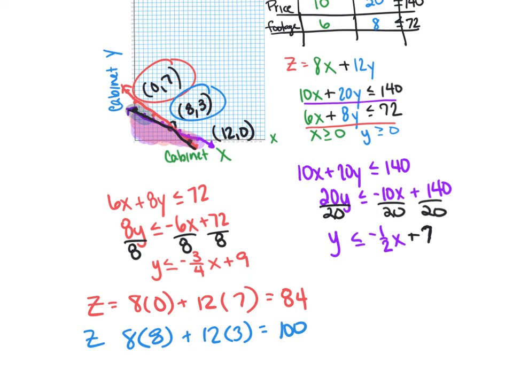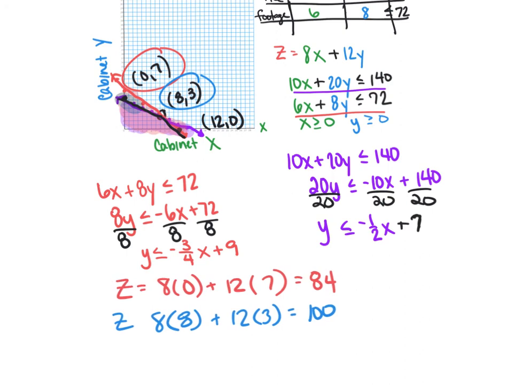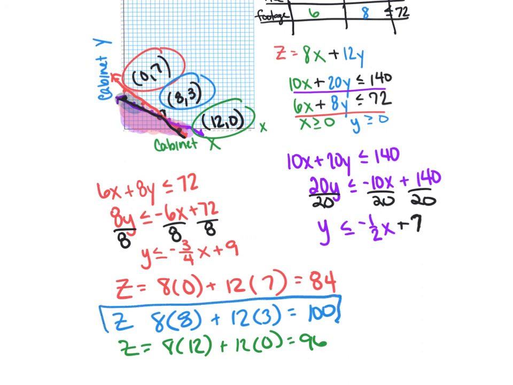And the last one is Z equal to 8 times 12 plus 12 times 0. That's equal to 96. So we want to maximize it. Here's what we're going to go with.